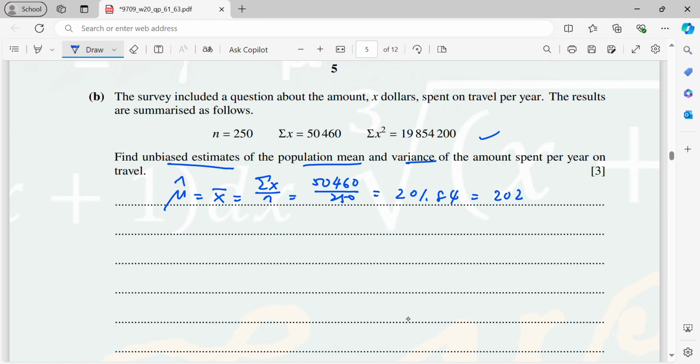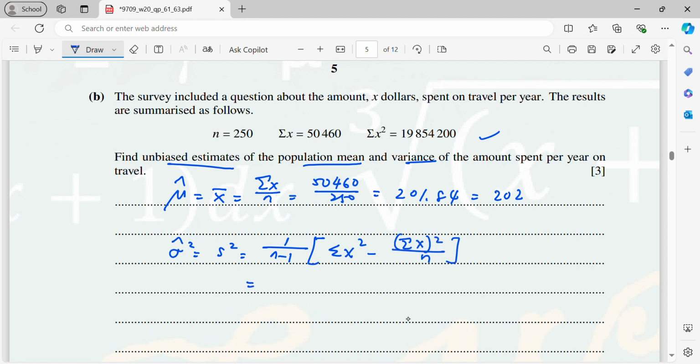Now the unbiased estimate for the population variance, sigma hat squared, is the same as the sample variance. The formula is 1 over n minus 1, times summation x squared minus the square of summation x over n.